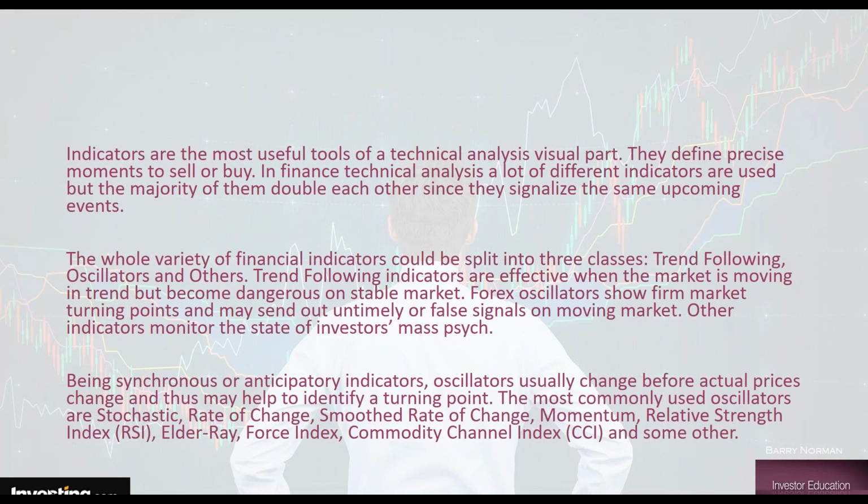They define precise moments to sell or to buy. In technical analysis, a lot of different indicators are used, but the majority of them double each other since they signal the same upcoming event. Okay. And this is most of your indicators, except for oscillators.